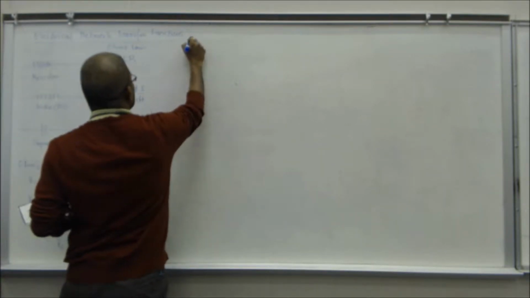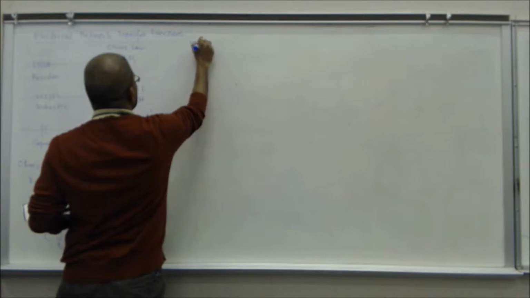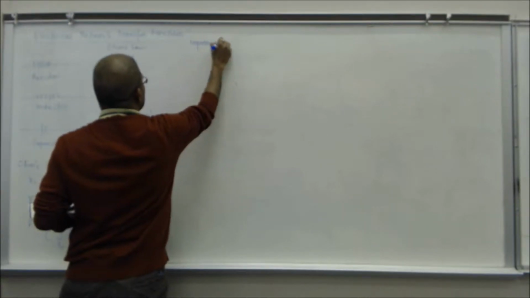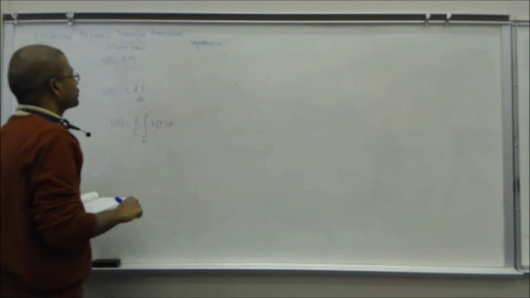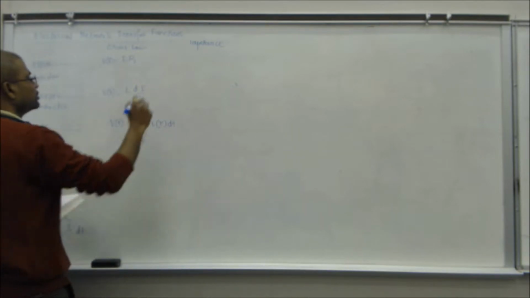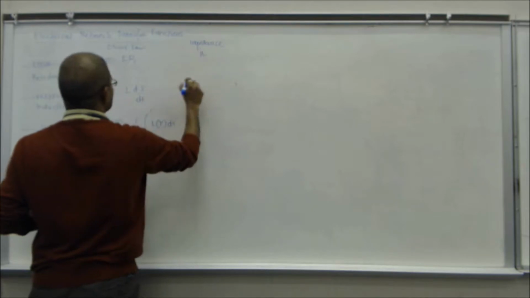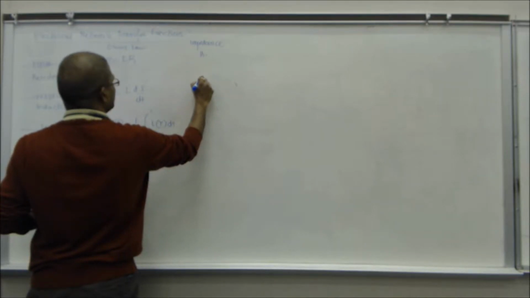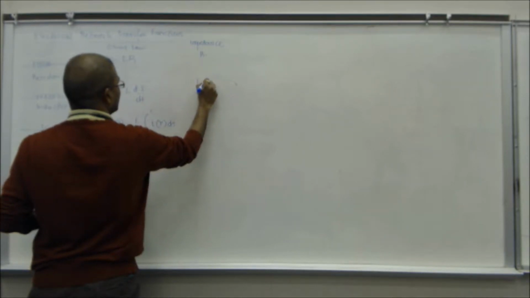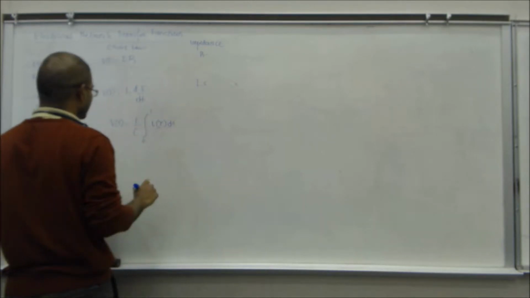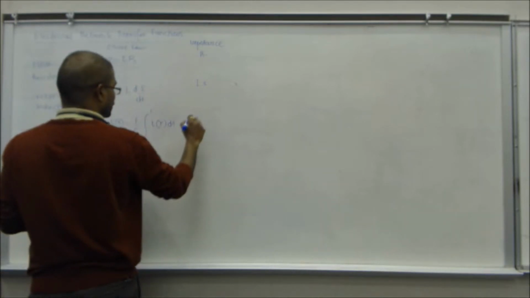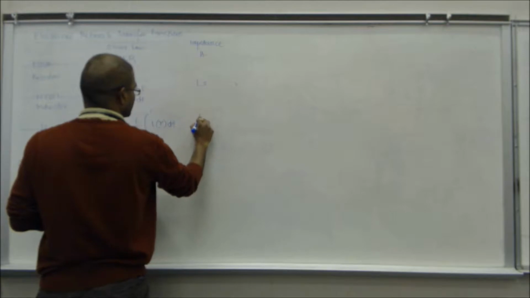Now the next one is we are talking about impedance. Recall impedance when we talked about it for translation. So the impedance for this is R. Okay. Impedance for inductance is Ls, and the impedance for a capacitor is 1 over Cs.